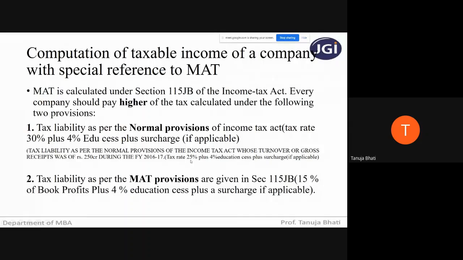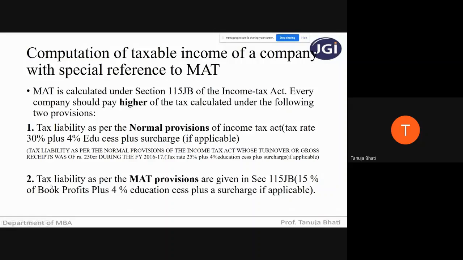So you have to apply 25% tax rate in case of companies where the gross receipts were 250 crores or less in the financial year 16-17, plus 4% education cess plus surcharge if applicable. So your first step is to calculate the tax liability as per normal provisions of income tax.